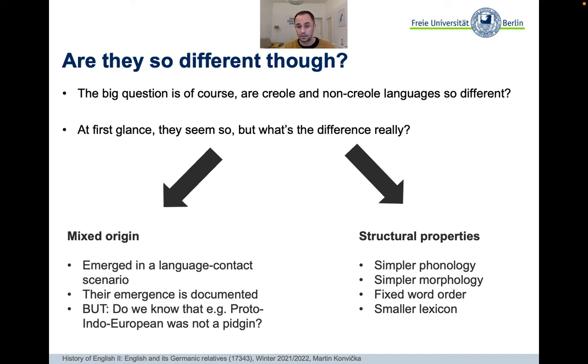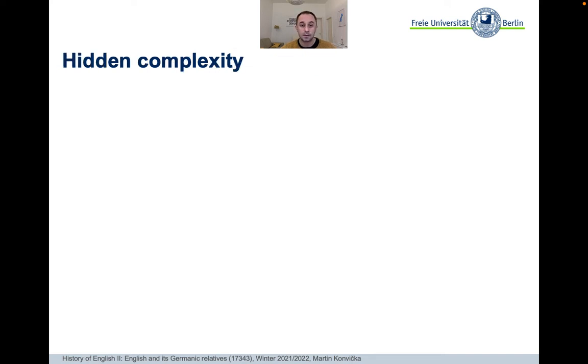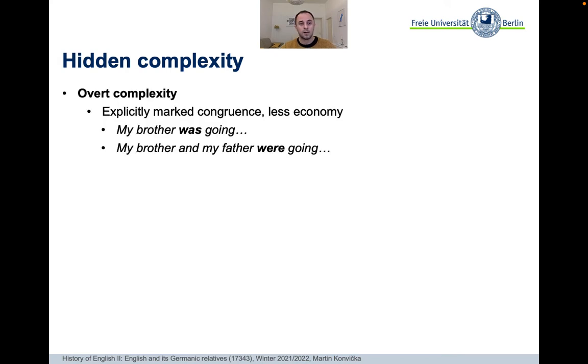And speaking about these structural properties, I would also want to relativize this claim by drawing your attention to a concept known as hidden complexity. Hidden complexity is a concept that was coined in contrast to the so-called overt complexity.